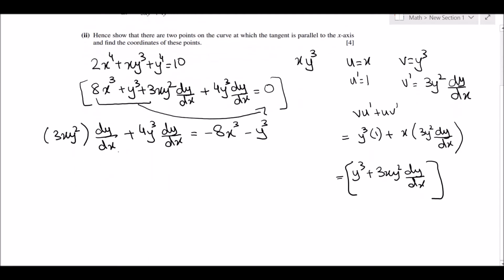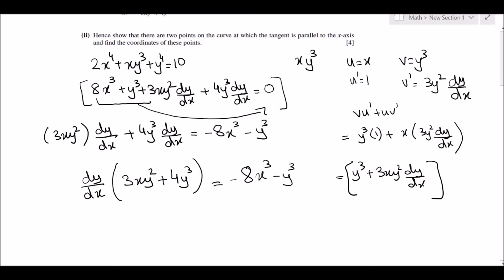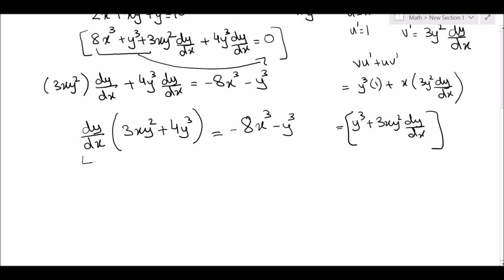Here dy over dx is common, so we're going to take dy over dx as common. Now to find the derivative, we're going to have to make dy over dx the subject. So this is what we'll get.